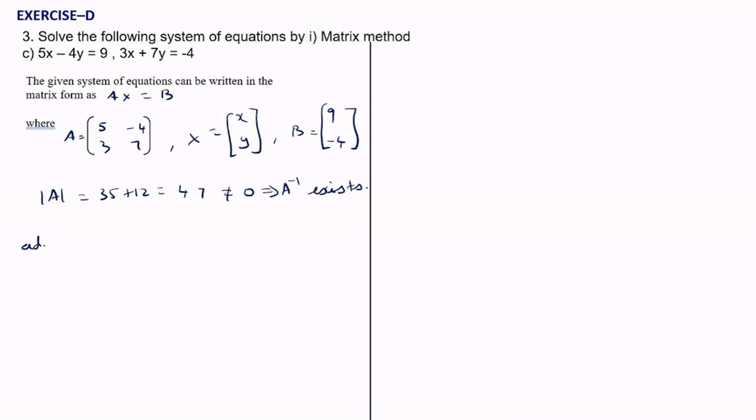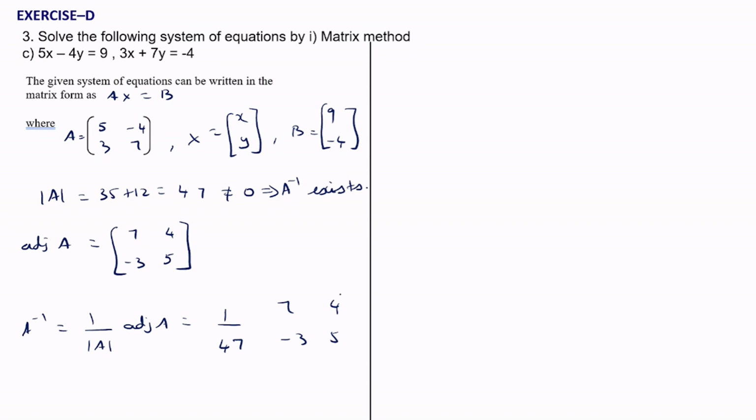And now let us find the adjoint of A. It is obtained by interchanging the diagonal elements and changing the sign of the other elements. This is the adjoint of A. A inverse is 1 by determinant of A into adjoint of A. So it is 1 by 47 into 7, 4, minus 3, 5.